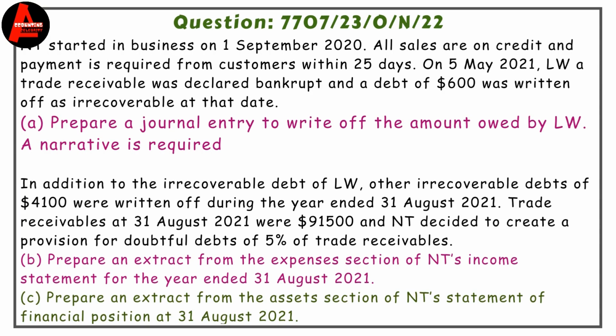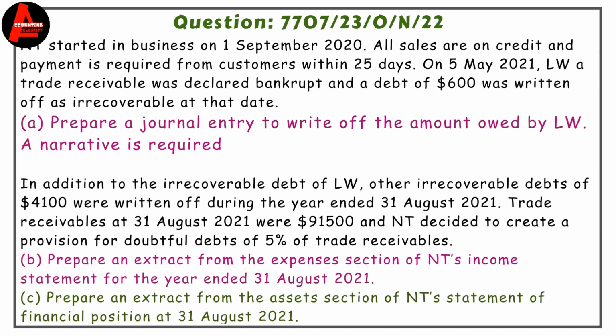Before we write, let us have a look at the question once again. In addition to the irrecoverable debt of LW, other irrecoverable debts of $4,100 were written off during the year ended 31st August 2021. Trade receivables at 31st August 2021 were $91,500, and Anti decided to create a provision for doubtful debts of 5% of trade receivables.